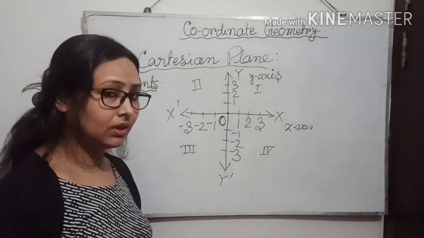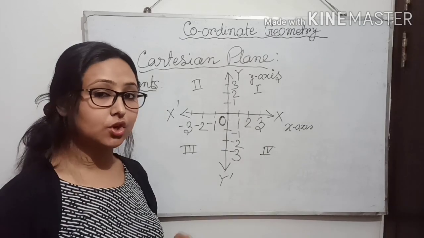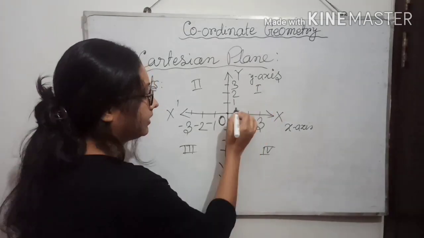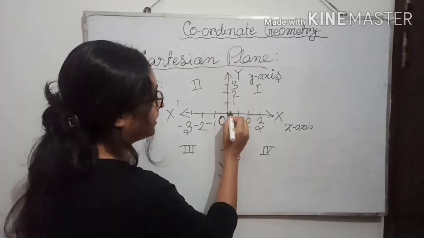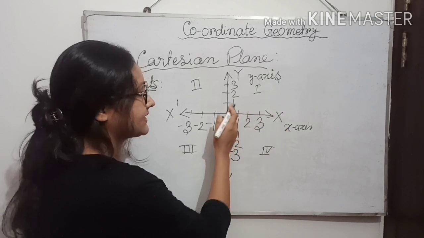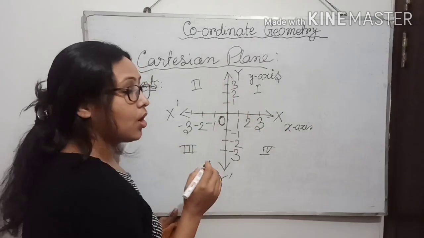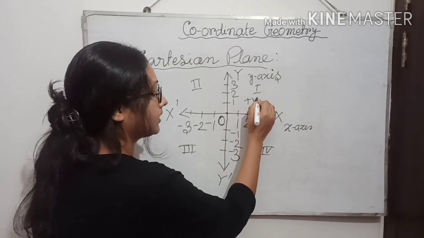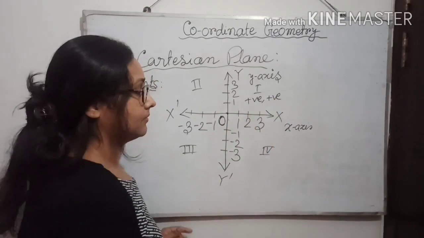Okay. Now what is the sign convention of the quadrants? We see that in the first quadrant the positive x-axis and positive y-axis are there. So all the points in quadrant 1 are of the form (positive, positive).